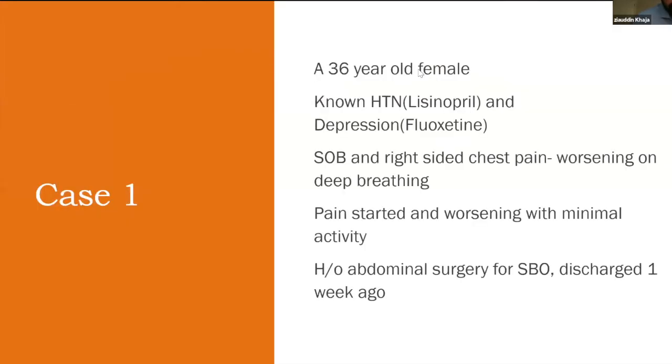Right. Okay. Now we will discuss a few cases, especially around acute shortness of breath. This is a case of a 36-year-old female who's a known hypertensive and also has depression, on regular medications.